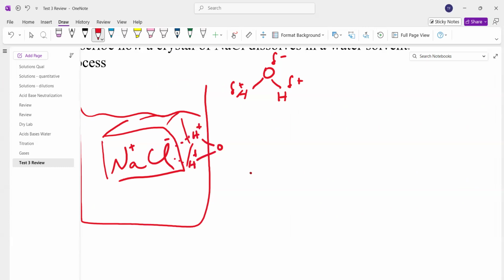It pulls out that chloride. That's the solvating force in action. And correspondingly, we've got an attraction between the oxygen, partially negative, attracting the positive sodium ion.